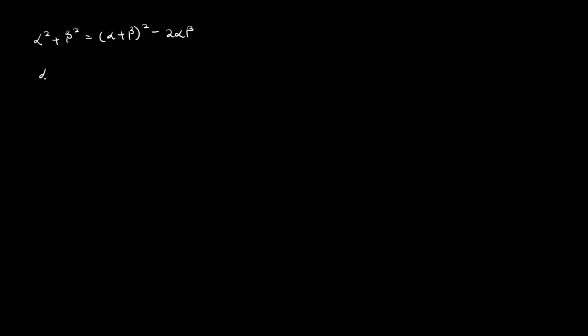We have alpha plus beta all square, and most of the time it's equal to alpha square plus 2 alpha beta plus beta square. And most of the time it's a plus b all to the power 2, expanded as a square plus 2ab plus b square. This time we are using alpha and beta, okay?